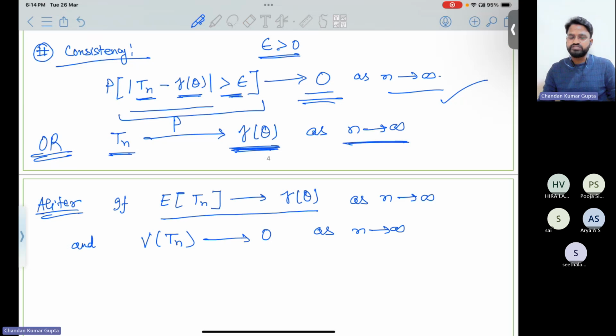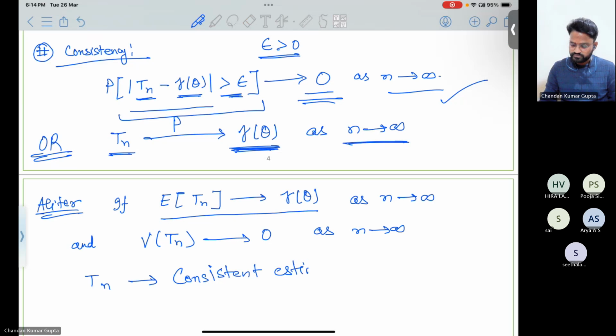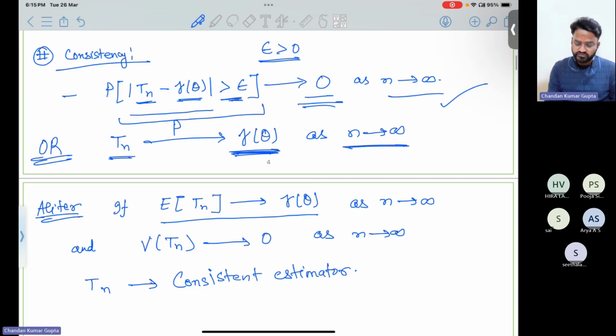If these two conditions are satisfied for a statistic, then this Tn is said to be a consistent estimator. This is a sufficient condition to check the consistency of an estimator.